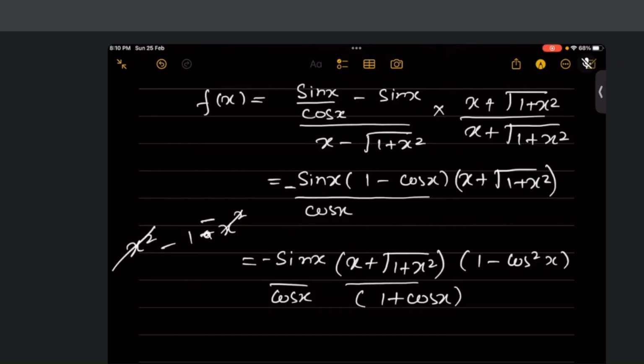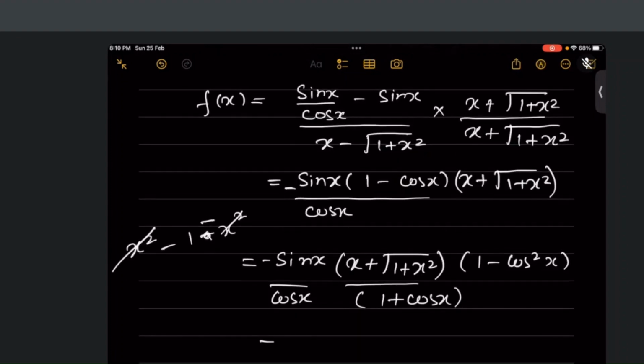Now 1 minus cos square x is what? Sine square x. So it will be sine cube x into x plus under root of 1 plus x square upon cos x into 1 plus cos x.